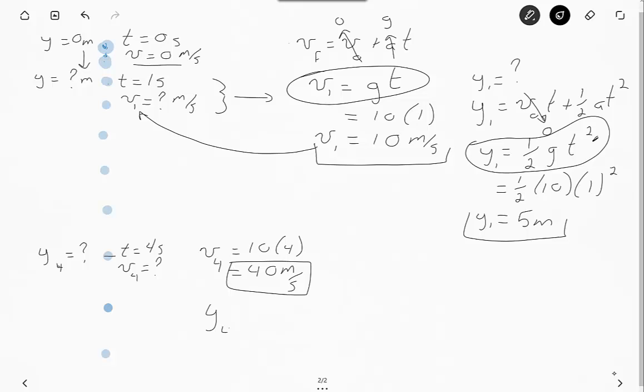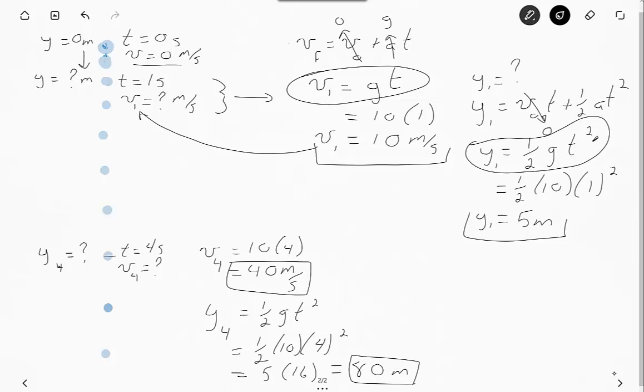And y4 is going to be 1/2 gt squared, which is 1/2 times 10 times 4 squared. And again, don't forget to square the 4. So we have 5 times 16, which is 80 meters. So it has fallen considerably. In the first second, it only falls 5 meters, but in the first 4 seconds, it falls 80 meters. So we can use the same kinematics equations we've had before to solve free fall problems.